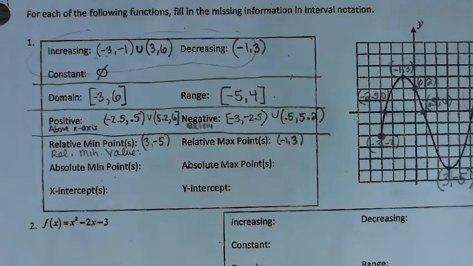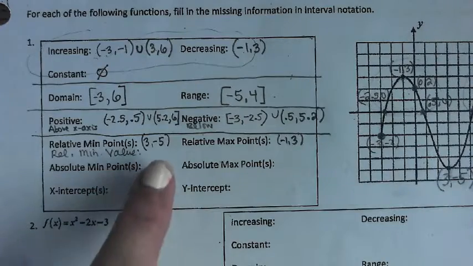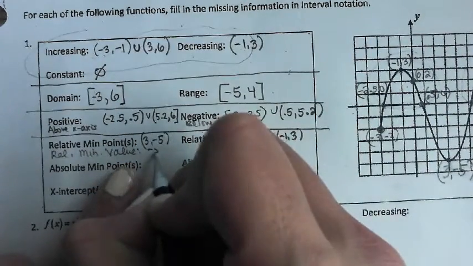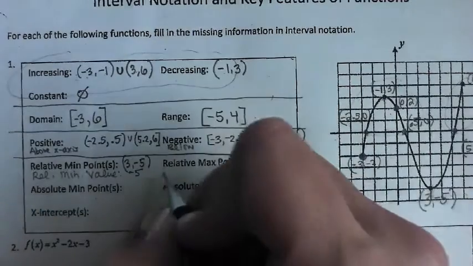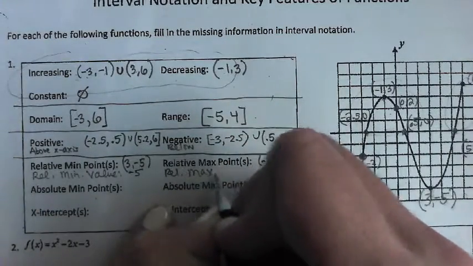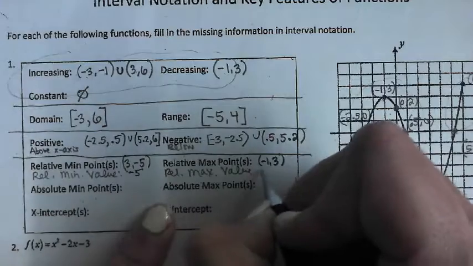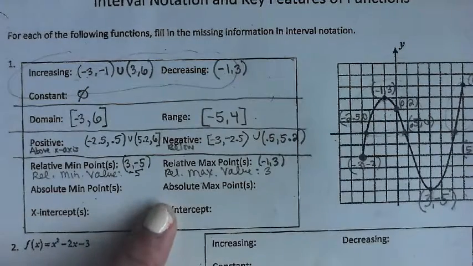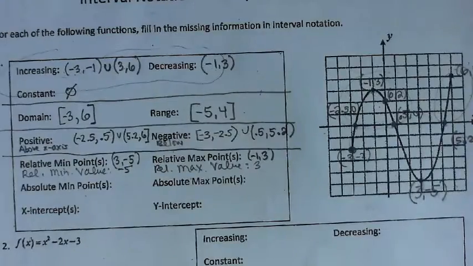If they ask for the relative minimum value, that's just the y coordinate number. The relative minimum value is negative 5. The relative maximum value is 3. Keep that in mind. Are they asking for the point, where I'm going to give coordinates, or are they asking for the value? Value is just the y coordinate. Again, one of the few times we'll use the y coordinate.